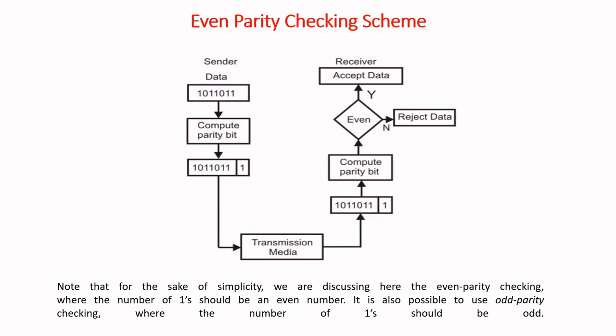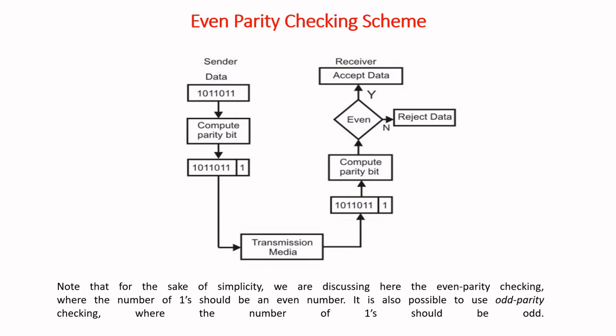How many ones are there in the data? Here 5 ones, which is an odd number, and we have to make it even. So for making it even, we add 1 as a parity bit. 1 is appended, so this is the data word. And after that, it is transmitted through the transmission media.